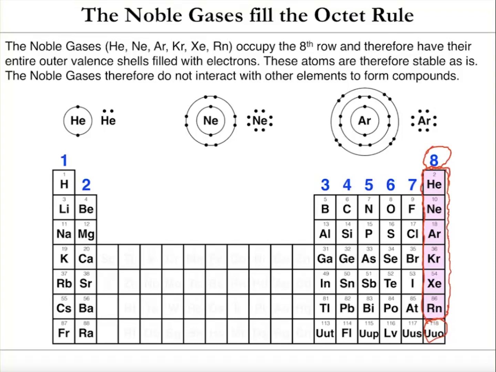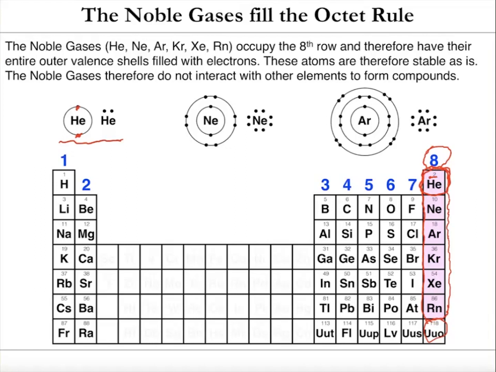So we mentioned helium. Helium is number 2 here. And here is a depiction of a helium atom when we're trying to think about this octet rule. Helium is special because it only needs 2 electrons in this first valence shell to be stable. And helium, of course, has 2 protons, and therefore it has 2 electrons. So it's already stable.